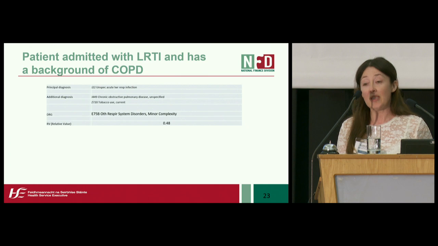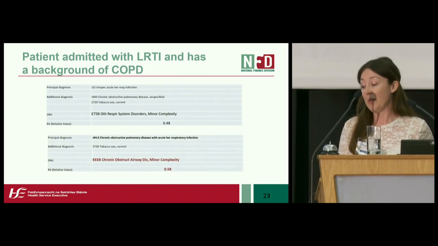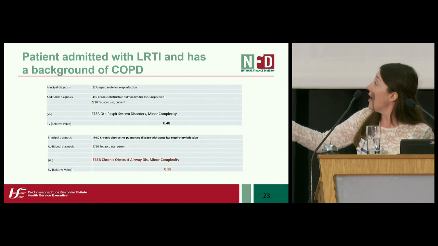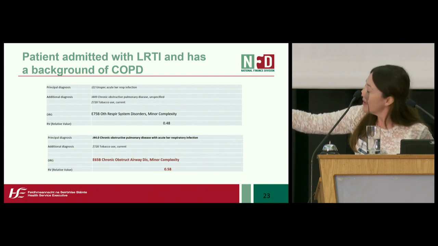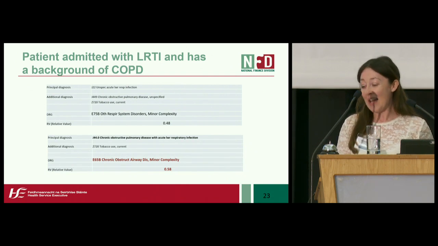However, our standards would tell us that we should use a combined code for that, COPD with respiratory tract infection. But what happens is the DRG has changed, from E75B to E65B, and the relative value has changed from 0.48 to 0.58.